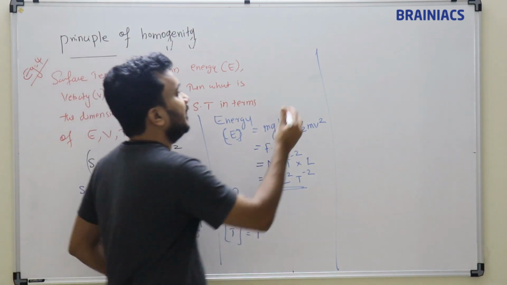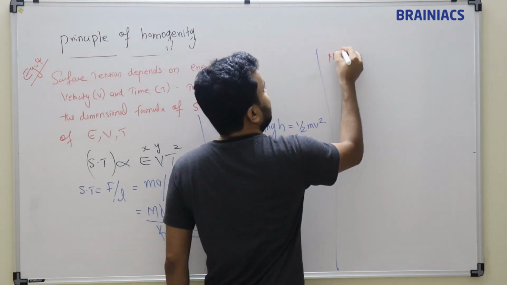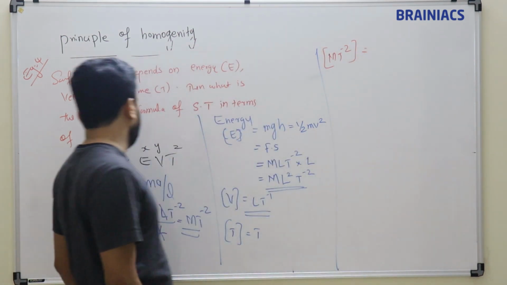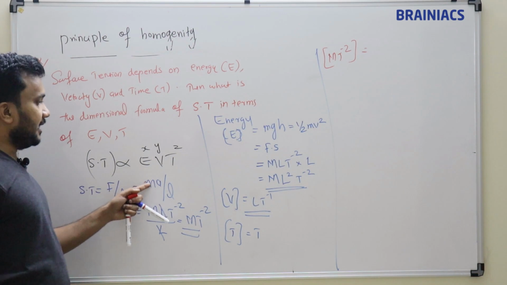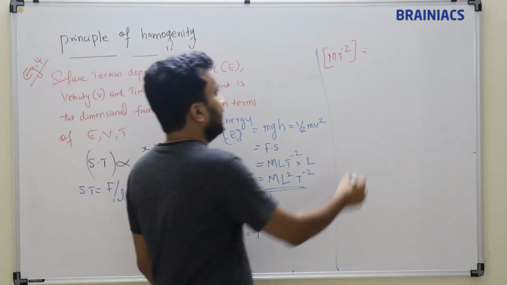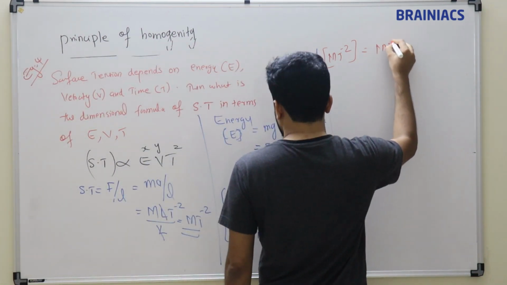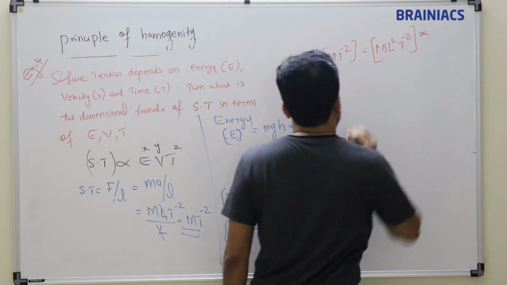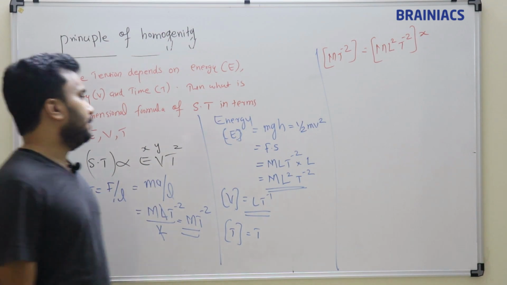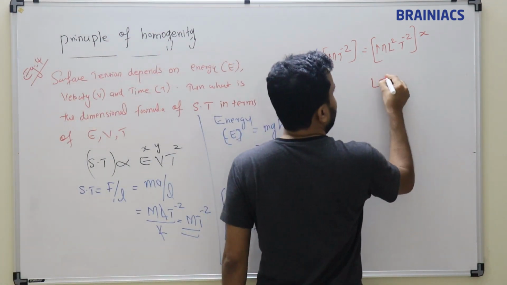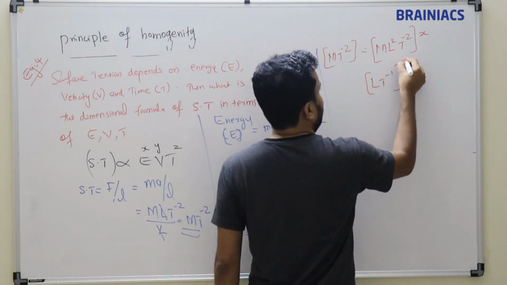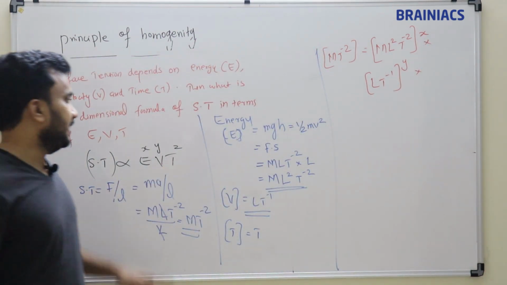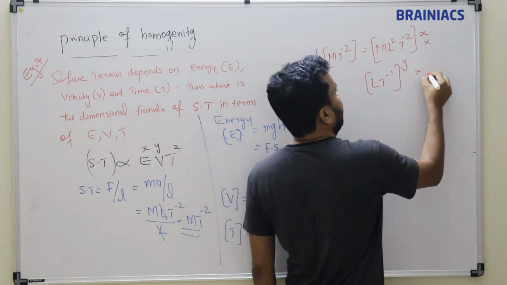LHS M T raised to minus 2 is equal to RHS: E power x, which is M L square T power minus 2 whole power x, and V power y, which is L T raised to minus 1 raised to y, multiplied with T power z.